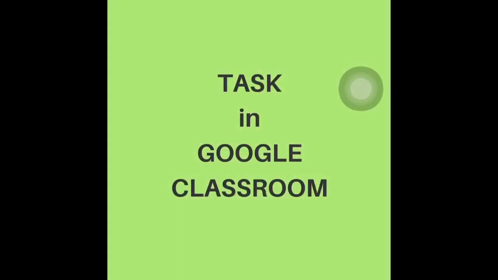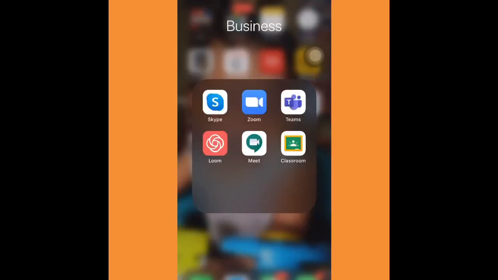Now for our second agenda for today's class. I have tasks for you using Google Classroom. You can log into Google Classroom to see the task given. Go to Google Classroom, then enter my class, Interlog.